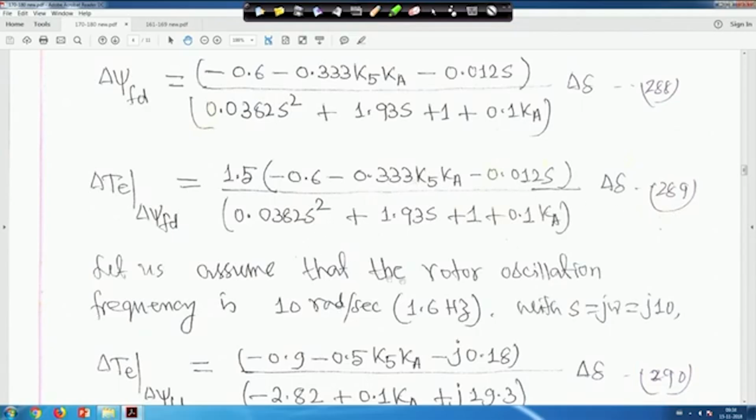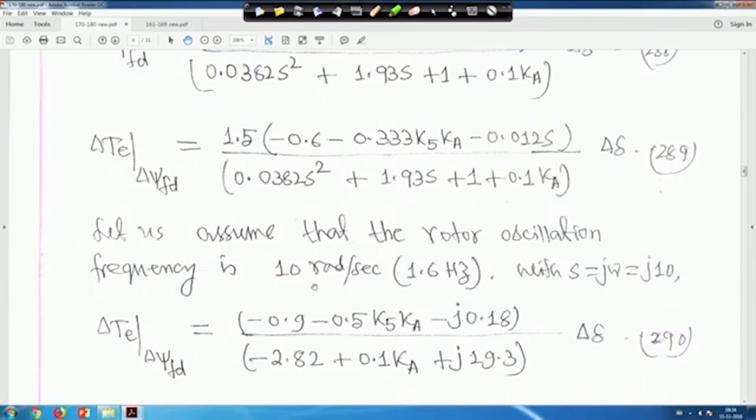Now, let us assume that the rotor oscillation frequency is 10 radian per second, that is 1.6 Hertz. With S equal to j omega equal to j10, omega equal to 2 pi f, we get the frequency as 1.6 Hertz. Our main interest for rotor oscillation is generally between 0.2 to 2 Hertz.